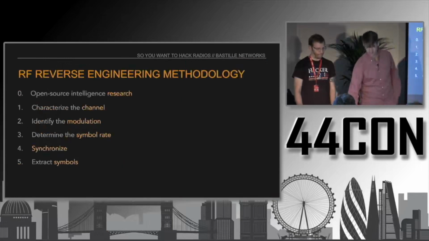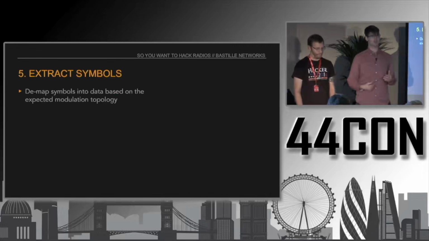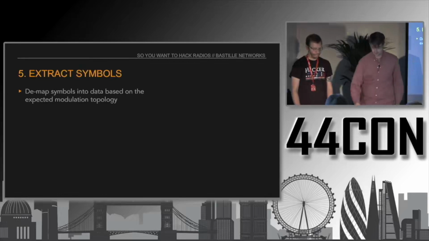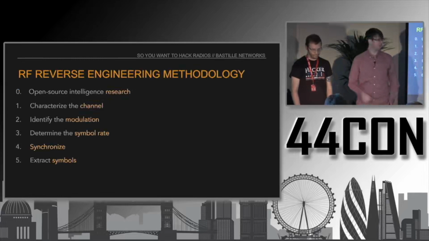And then step 5 is basically just to pull out the remaining symbols, decode them if they're encoded, and then figure out what's going on at layer 2. So that's our methodology. We're going to be applying it live and filling these different stages in as we go, and we get some insight about the PHY here.